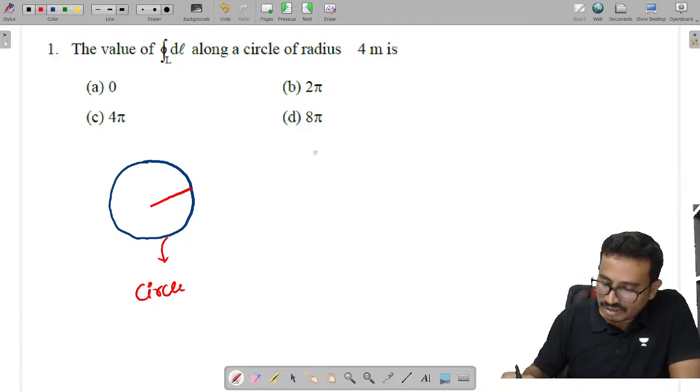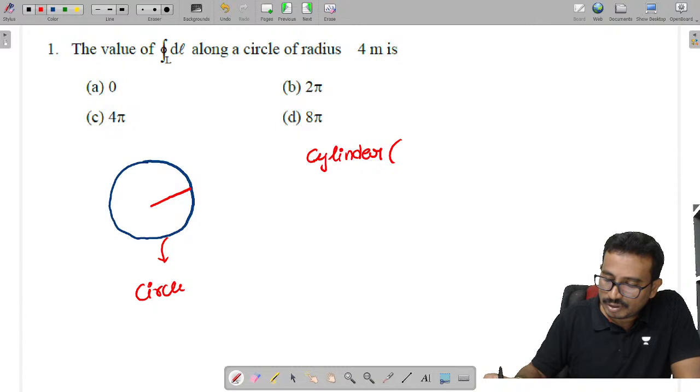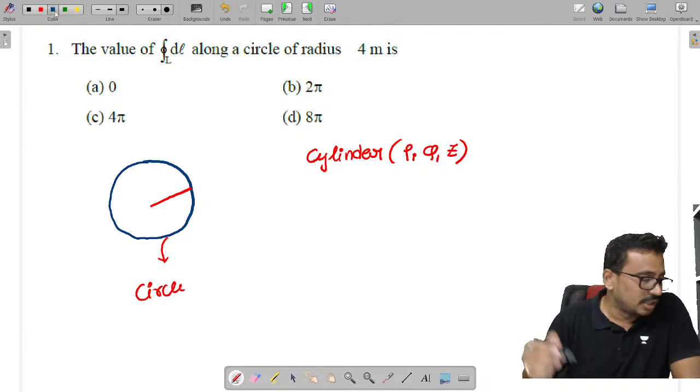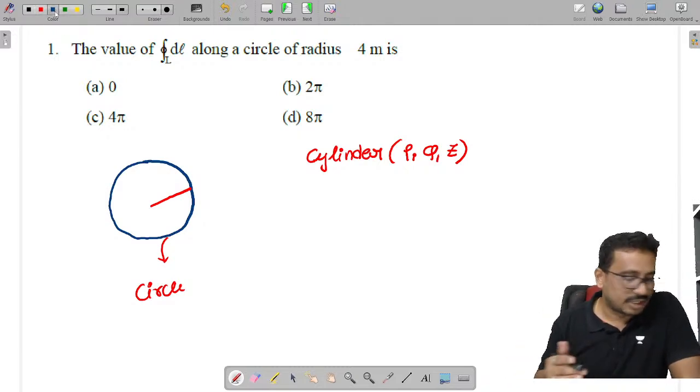So here in case of a cylinder, what are the parameters we have? For a cylinder we have rho, phi, z. Z is the height of the cylinder.